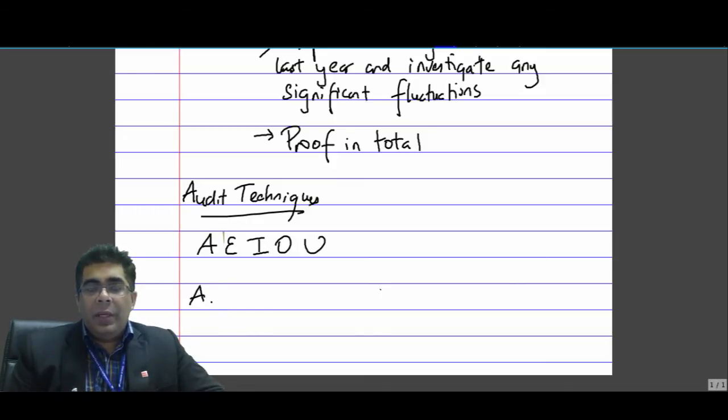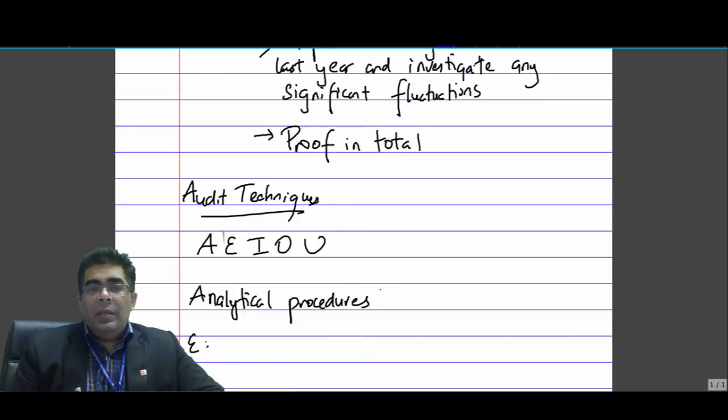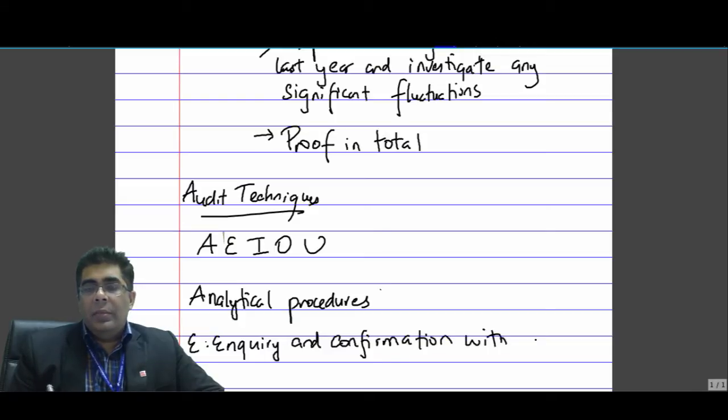A is analytical procedures. E is basically your inquiry and confirmation with third party.